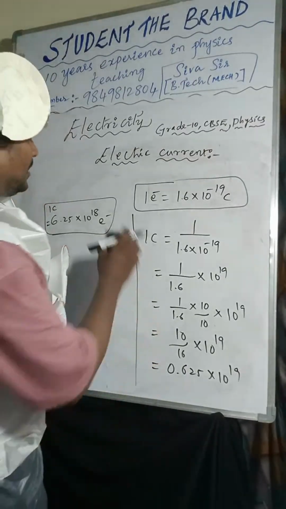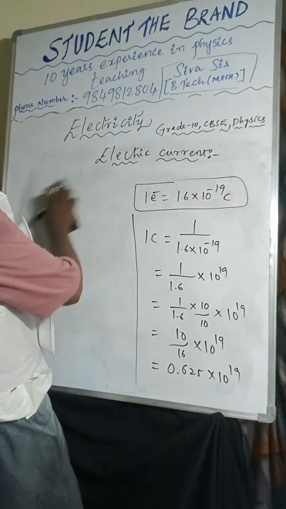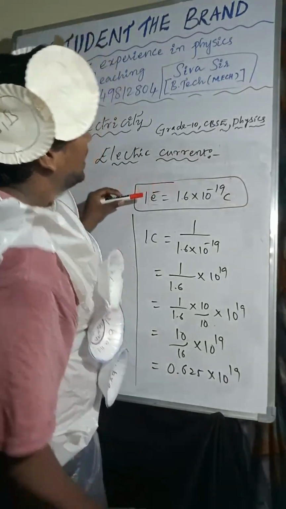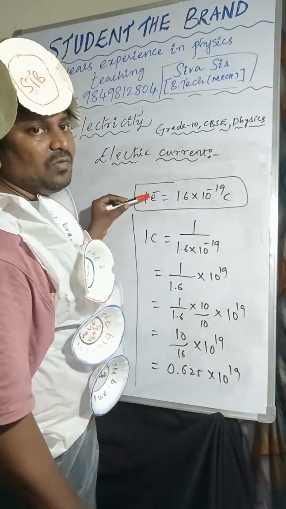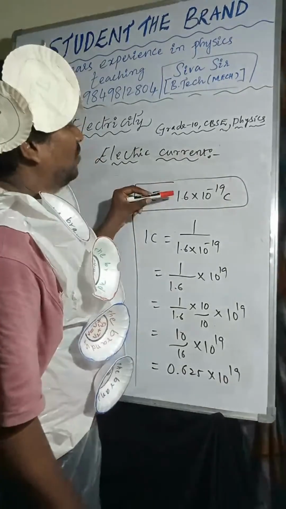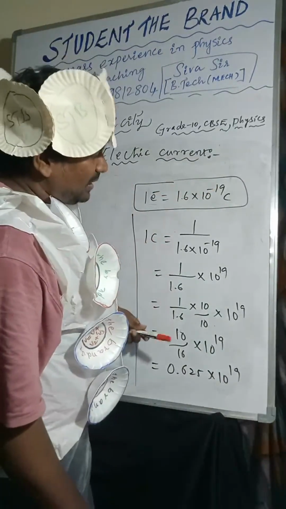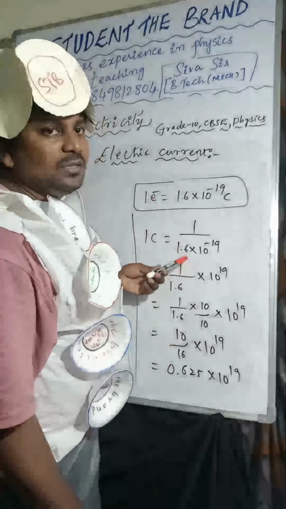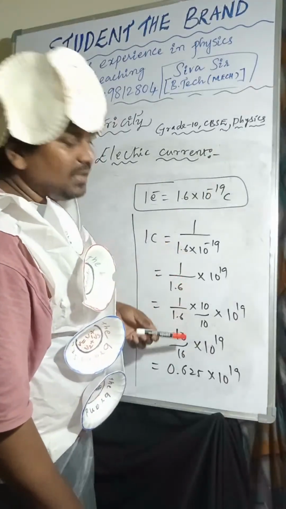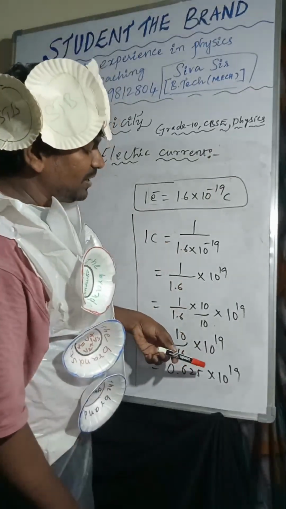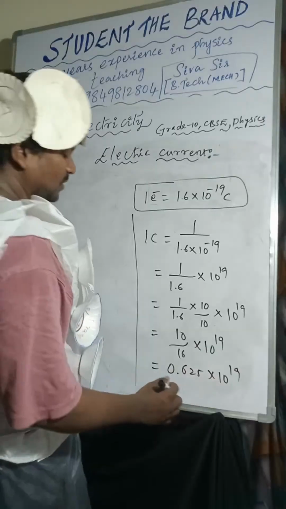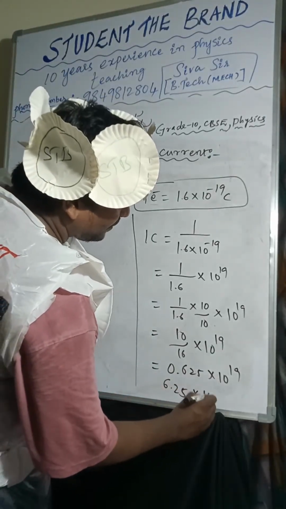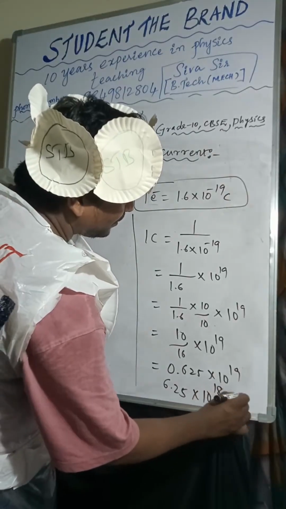Very, very important, keep in mind. In 1 electron, how much charge is present? That is 1.6 into 10 power minus 19 coulomb. In 1 coulomb, how many electrons are present? That is 0.625 into 10 power 19, so we'll get 6.25 into 10 power 18 electrons.